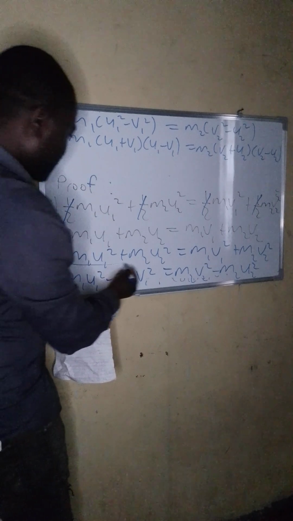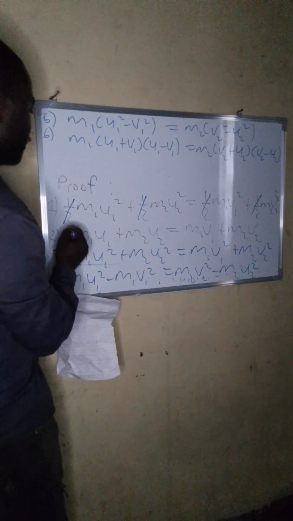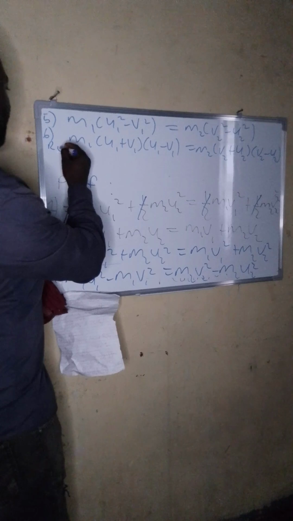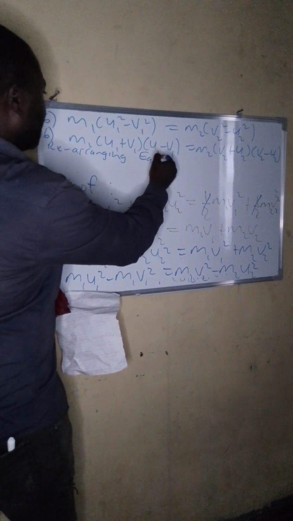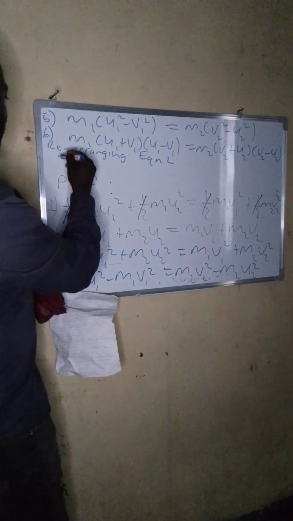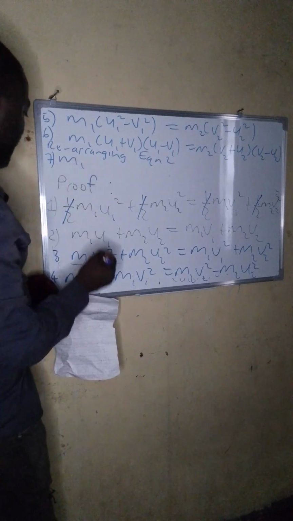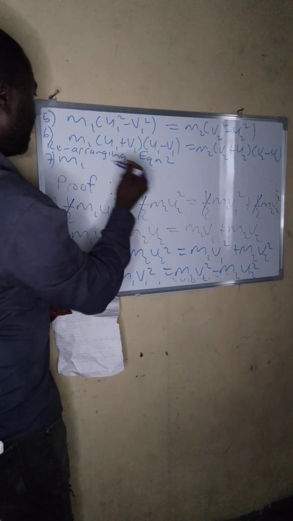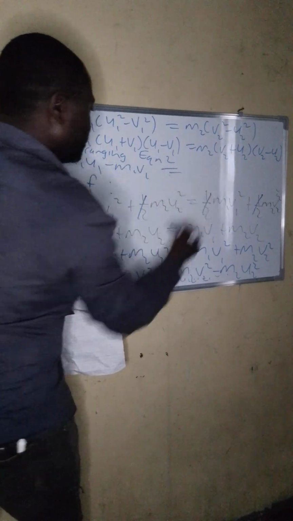Then we rearrange equation 2. Rearranging equation 2, we get equation 7, and then equation 8: m1 (u1 minus v1) is equal to m2 (v2 minus u2).